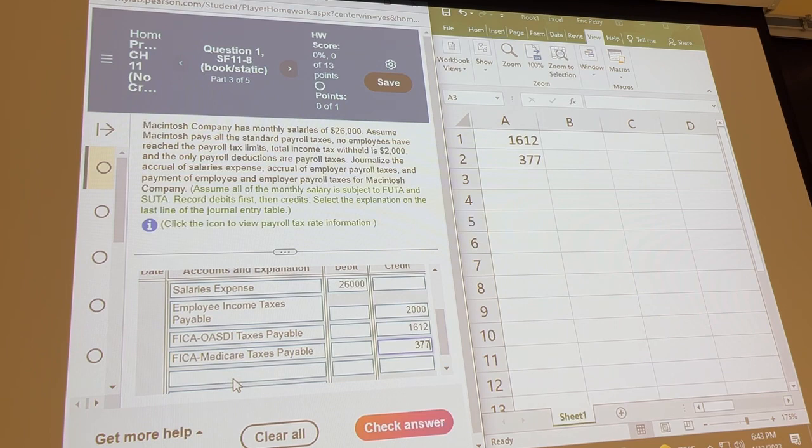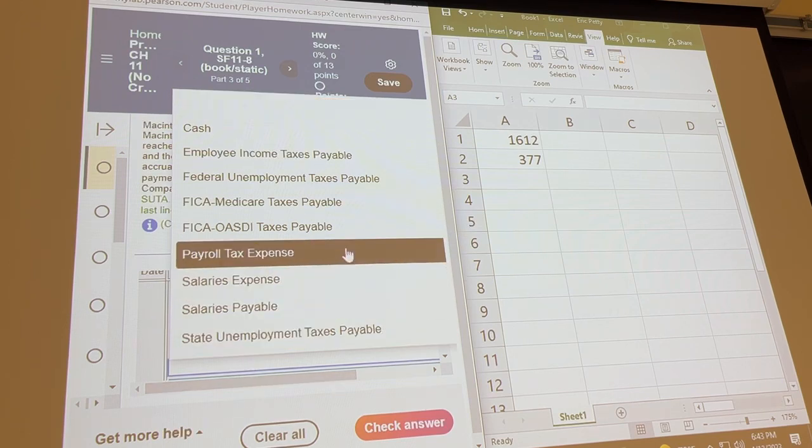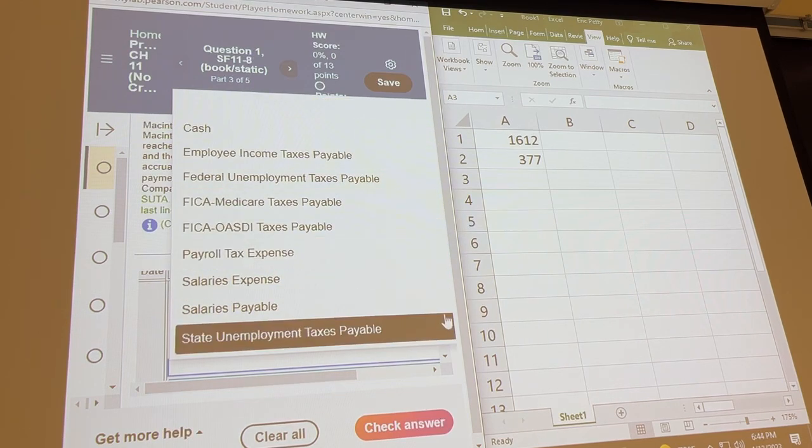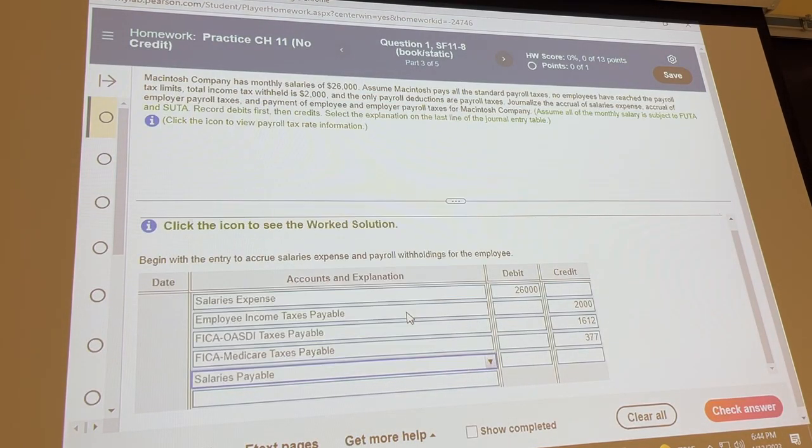And so then the other credit would be for the net pay or take-home pay. And the account that we use for that would be salaries payable.